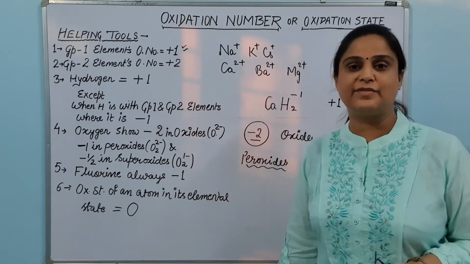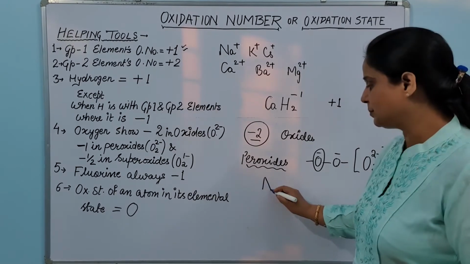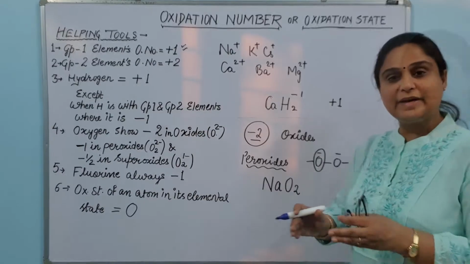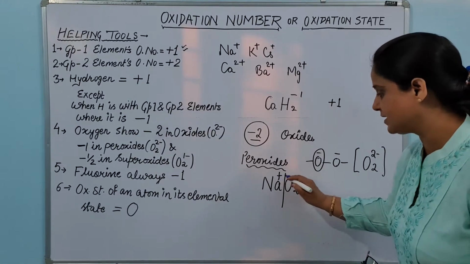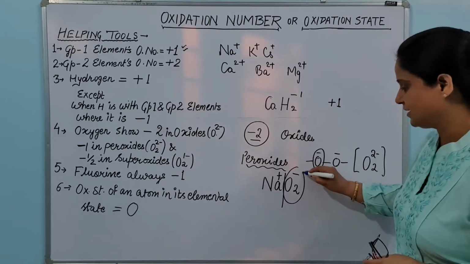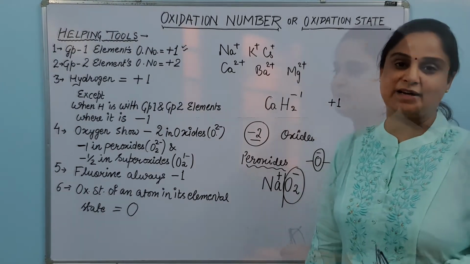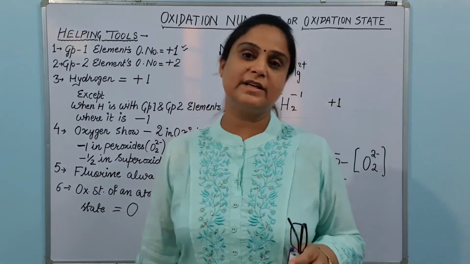One other case is there with oxygen. For example, if there is a compound like NaO2, if I break down this sodium compound, what will happen? I will get two ions, Na+ and O2-. So this O2-, can you see there? This O2- is a superoxide. So this is the next type of oxidation state which an oxygen can show.